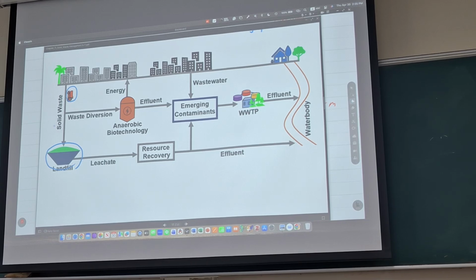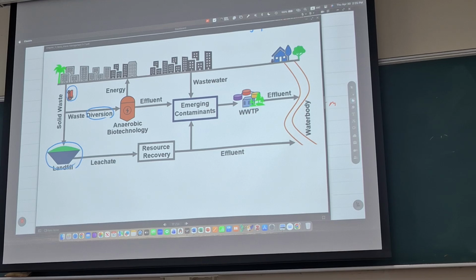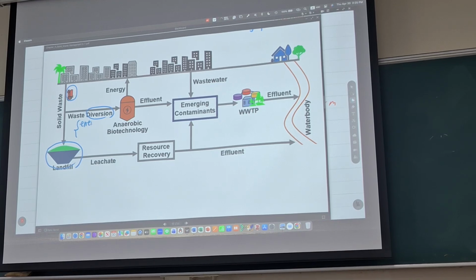And the waste can be diverted and treated, for what? For energy. The waste diversion means some waste can be used for energy, or even some resource recovery.